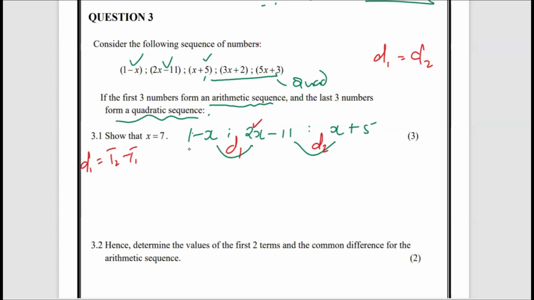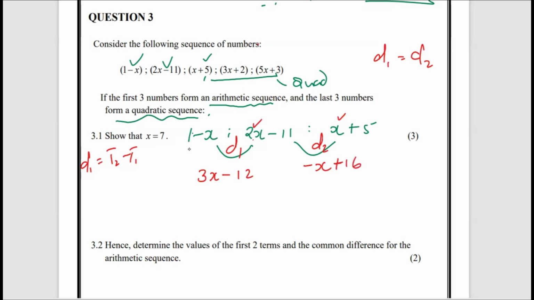Okay, so 2x minus x, that's going to be 3x. And then negative 11 minus 1, that's going to be minus 12. And then x minus 2x, that's a negative x. And then 5 minus 11, that's going to be a negative 6.